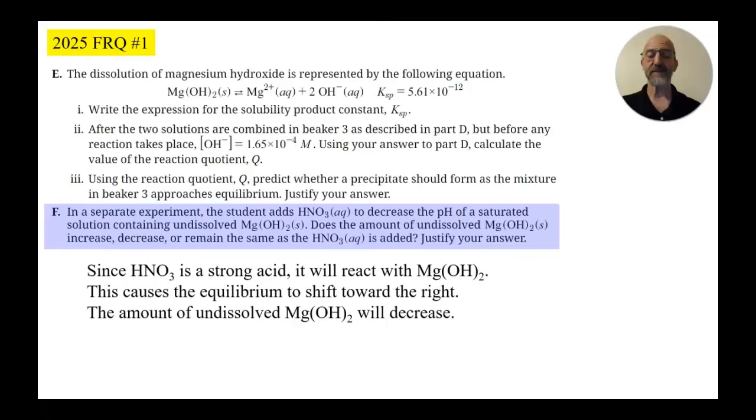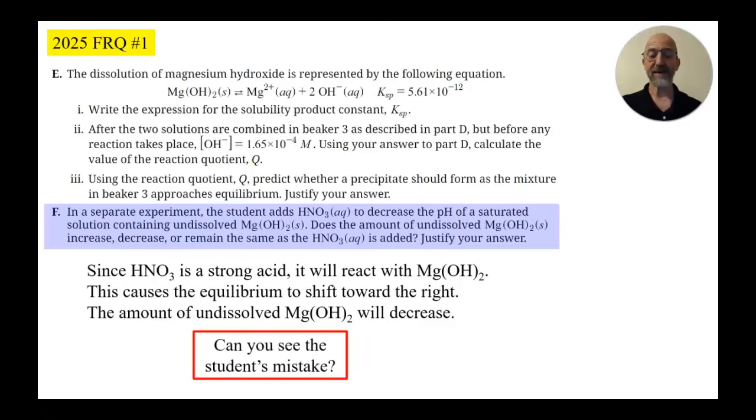Now, here's what this student said. Since nitric acid is a strong acid, and that's true, it will react. But what they're talking about is it reacting with the solid magnesium hydroxide. And they go on to mention that the equilibrium would shift toward the right, and the amount of undissolved magnesium hydroxide will decrease.